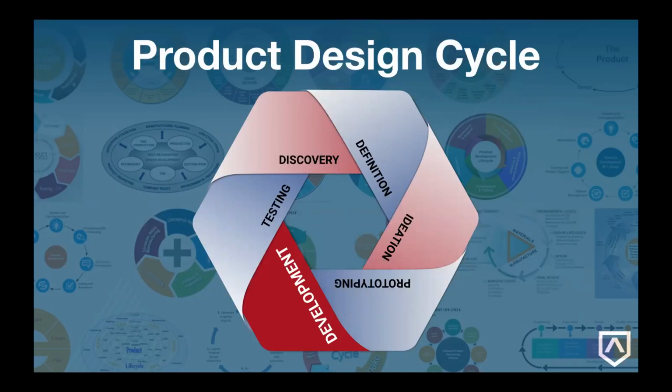Then we move into the testing phase for user acceptance testing or checking our work. But like I said before, the prototyping, development, and testing all form this tight loop that's happening as frequently as we can. And so they're not really discrete parts of the cycle, except as we want to put names around them to be able to talk about them.